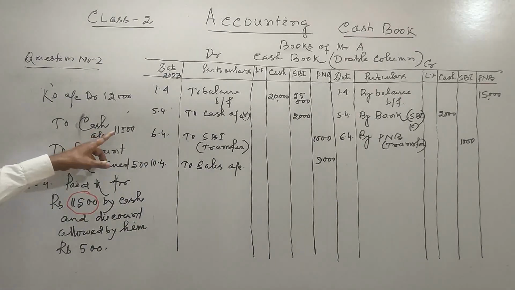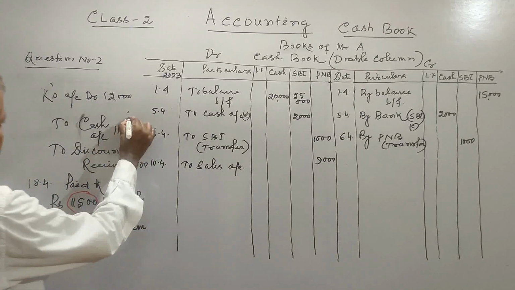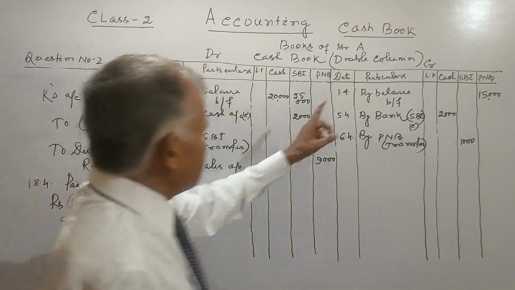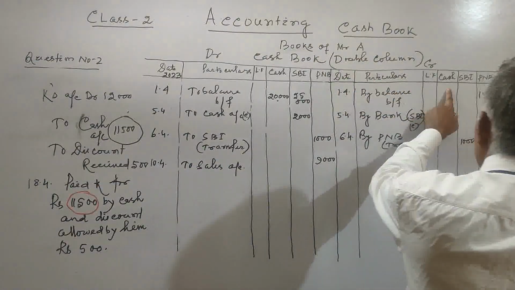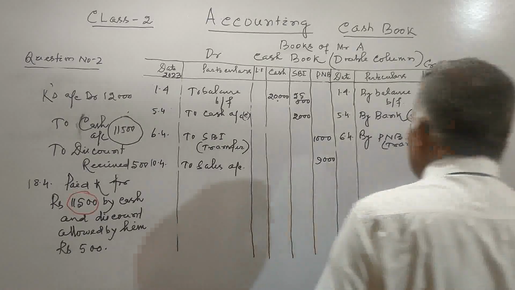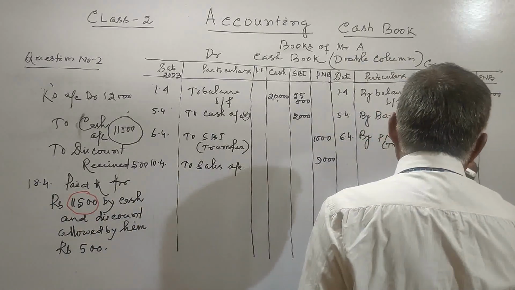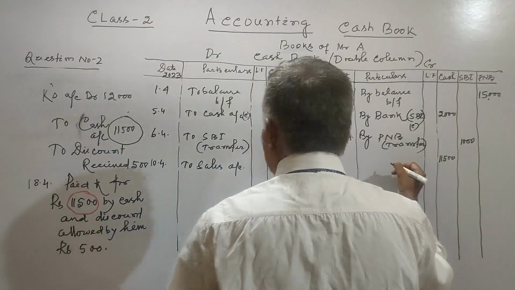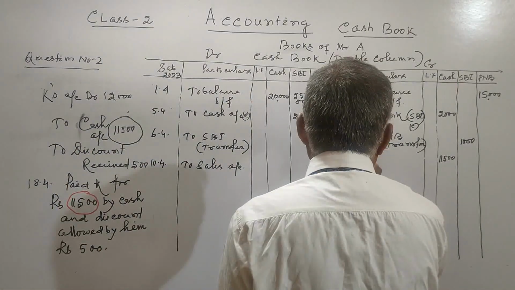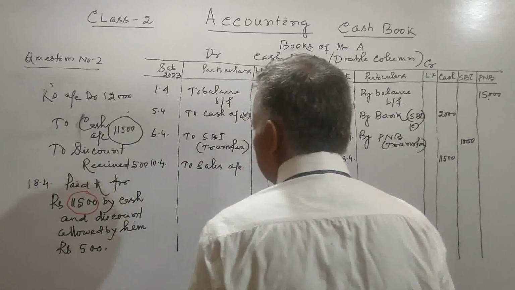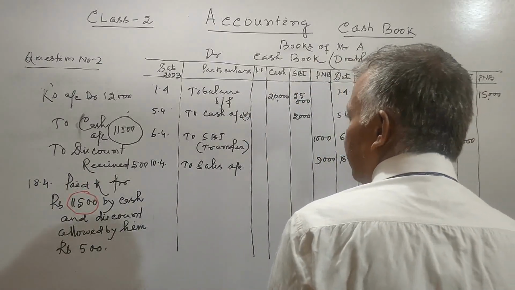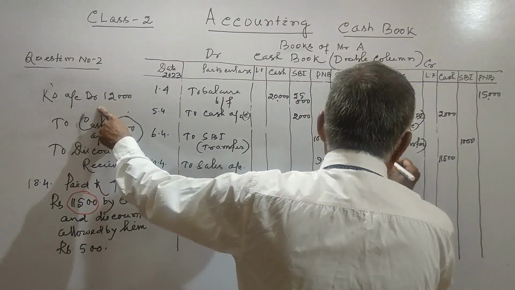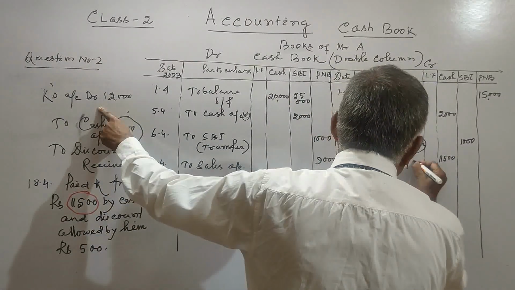Friends, cash account is credited with rupees 11,500. So go to the cash account, credit side, write the 11,500, put the date here. This is your 18/4, and you just write the other account, that is by K account.